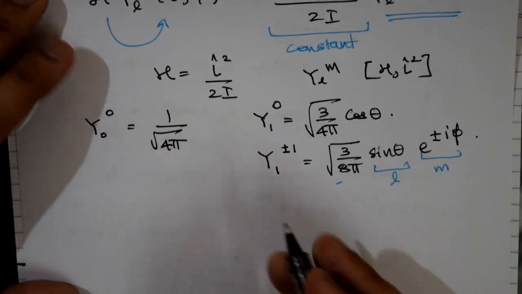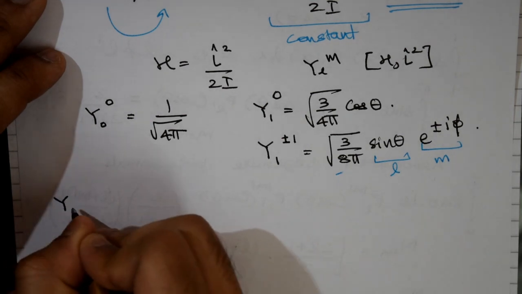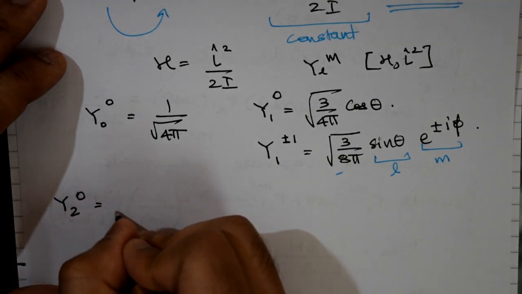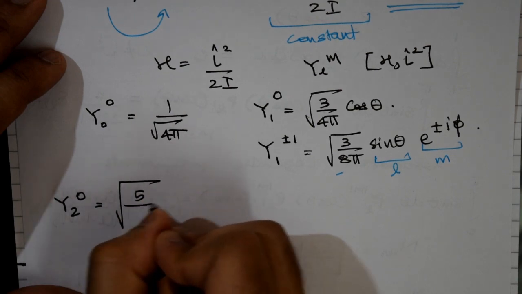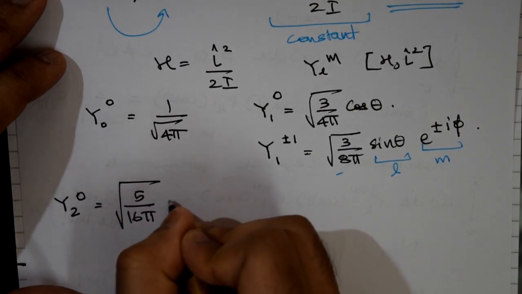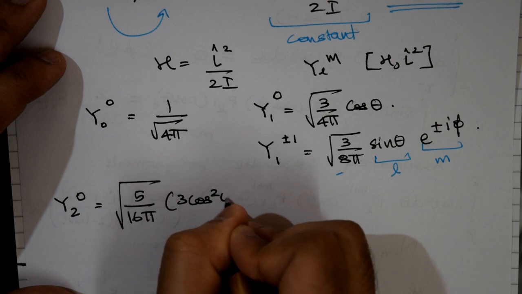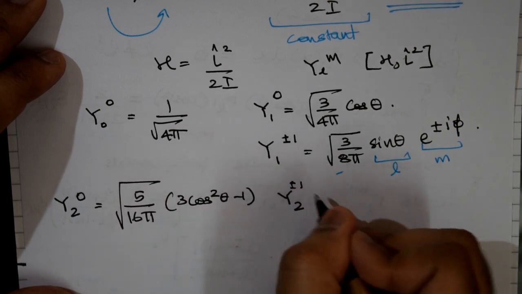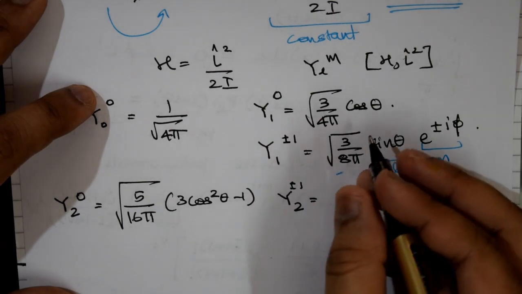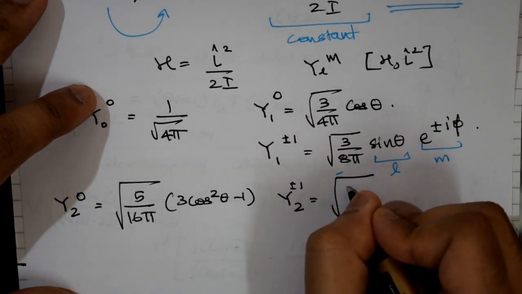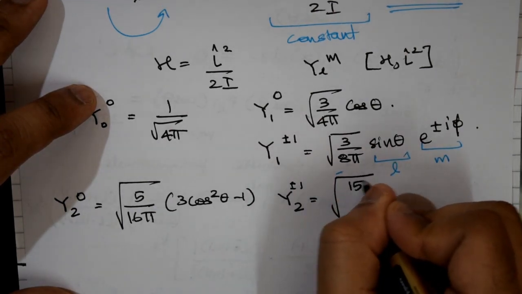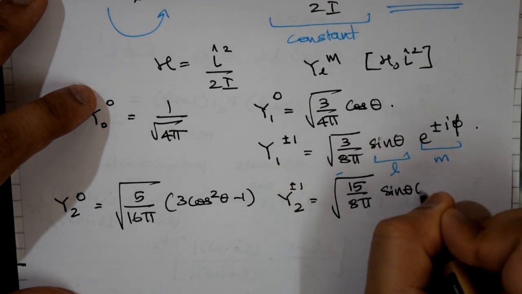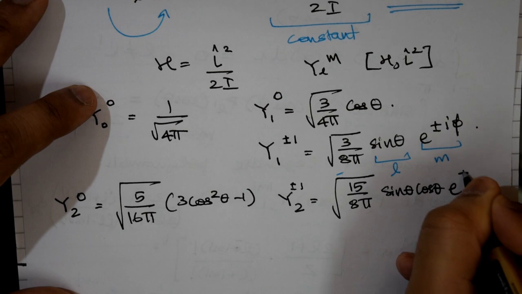So let's write the same solutions for Y2 0, that is going to be equal to square root of 5 by 16 pi, 3 cos square theta minus 1. Y2 plus minus 1 is going to be given by square root of 15 by 8 pi times sine theta cos theta e power plus minus i phi.